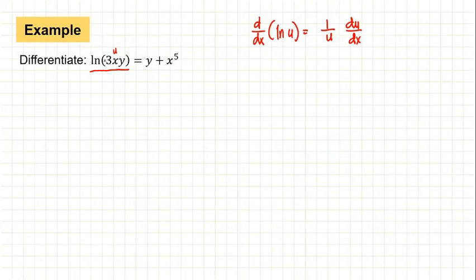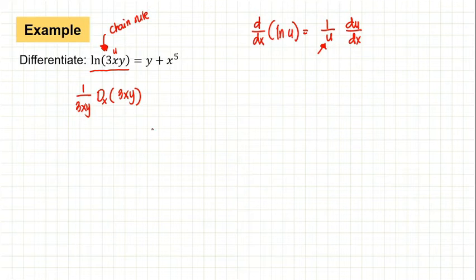So the derivative of ln 3xy will be 1 over 3xy, since our u here is 3xy, times the derivative of u with respect to x. So we will have the derivative of 3xy. Actually, we are applying the chain rule here. And implicit differentiation is just a chain rule also. Okay, so we have chain rule here.